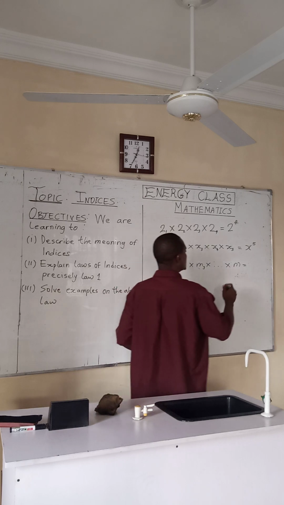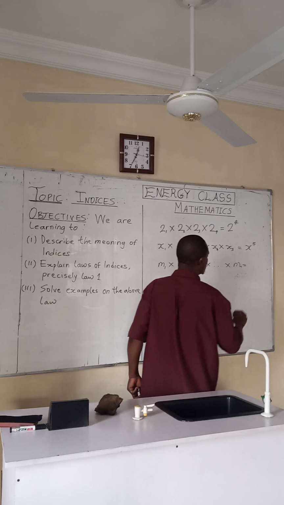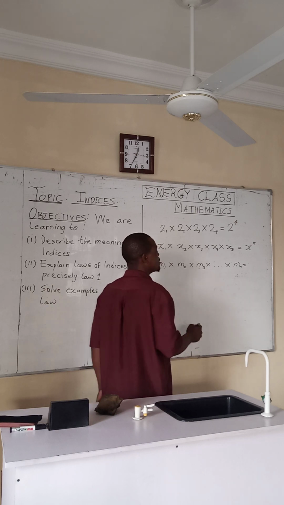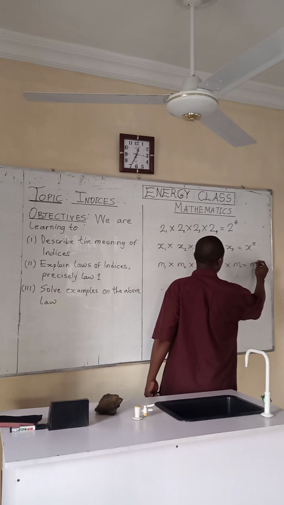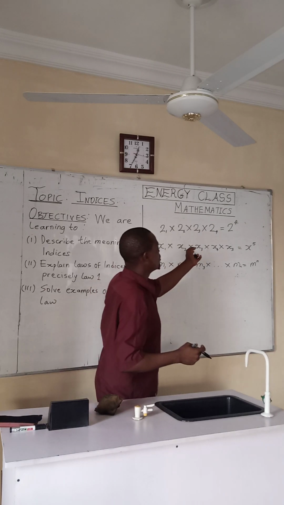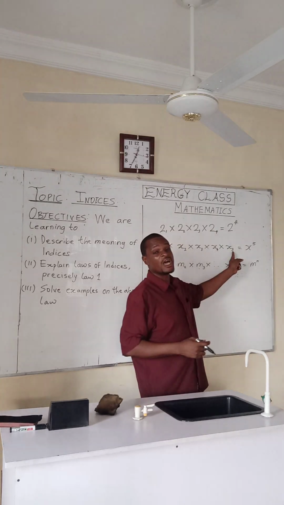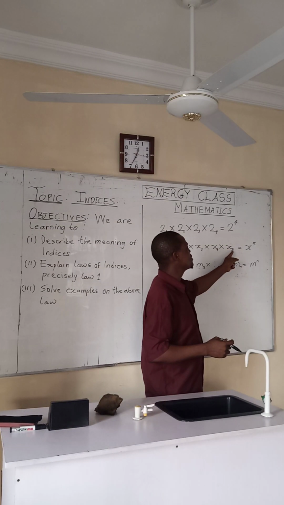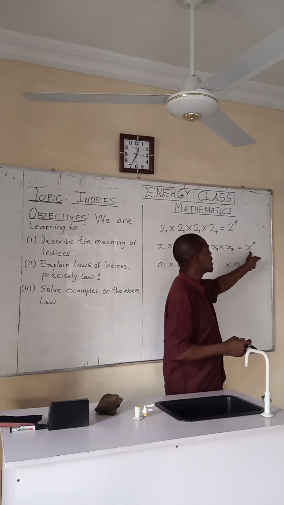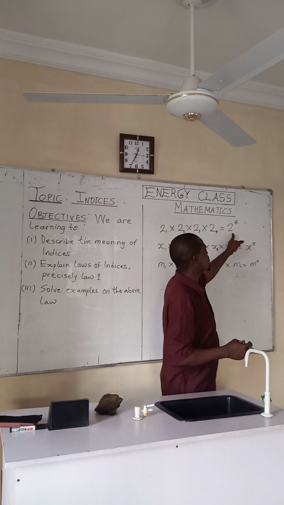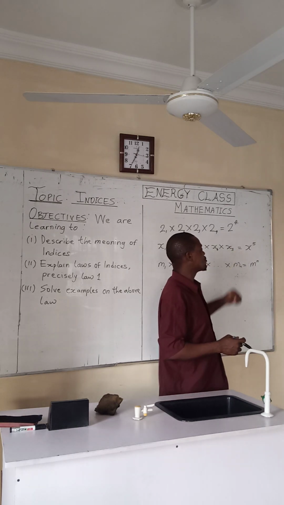So if we tag the last one to be the n-th, it means that we'll be writing m raised to power n, just like the way we described this: the last x here is the fifth x, and that gives us x raised to power 5, and the last 2 here is the fourth 2, and that gives us 2 raised to power 4.